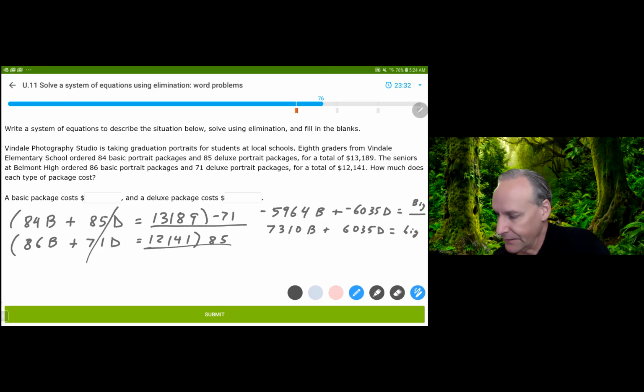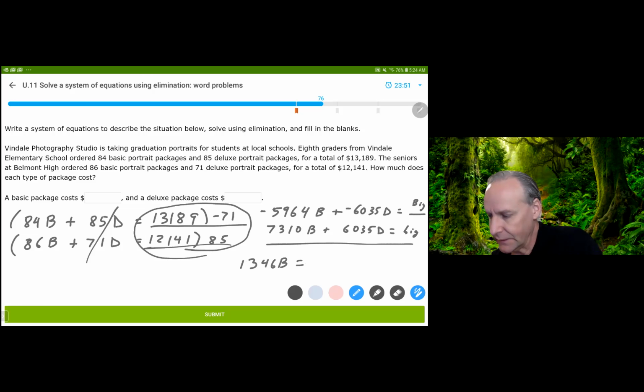So now when I add these together, I'm going to get 7310 minus 5964 gives me 1346B. And I'm going to go ahead and do this on the calculator. I'm going to take the 85 times 12,141, and it happens to be like 1,031,985.